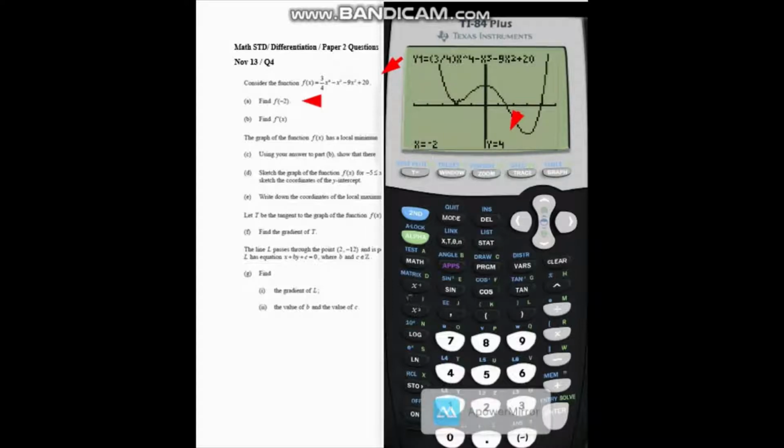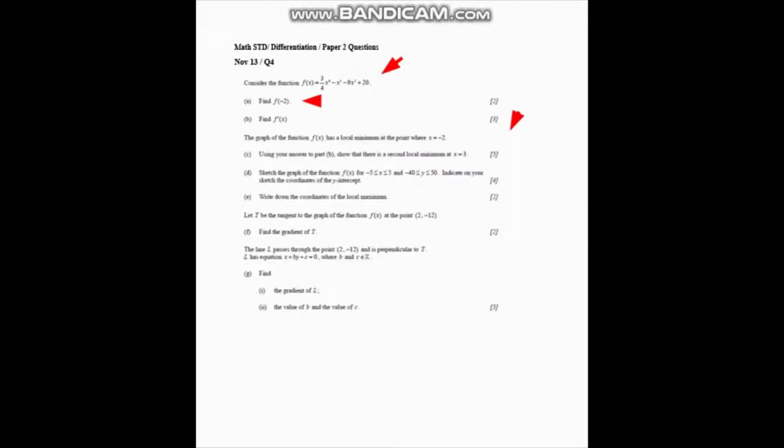The manual way to do this is to plug -2 into each x in this equation, and again using your calculator find the answer. So in B, I'm required to find f dash of x.